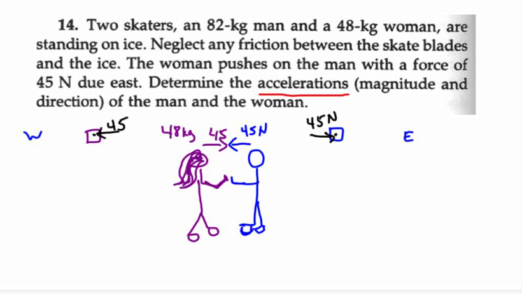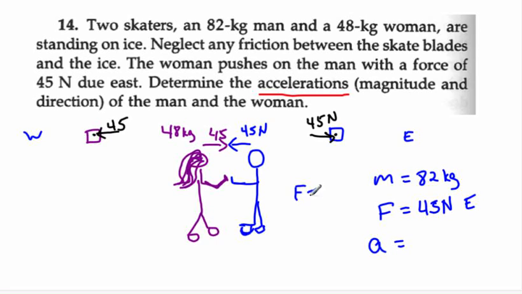Alright, so if we have the masses, the mass of the man was 82 kilograms. And we have the force that's acting on him, we said that's 45 newtons. That's in the east direction. We can find his acceleration with the equation force equals mass times acceleration. Rearrange that to where acceleration equals force divided by mass.